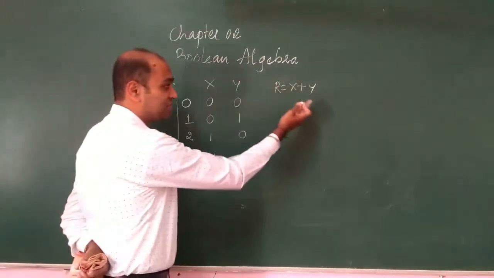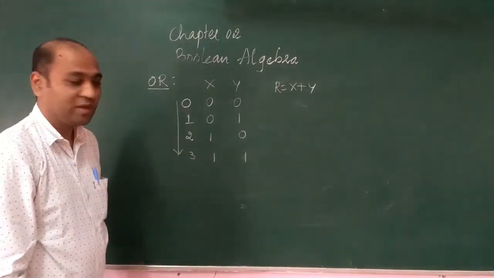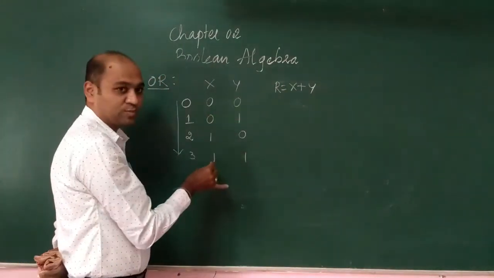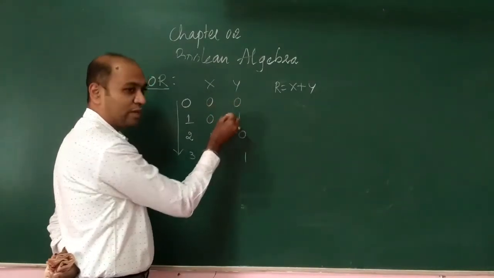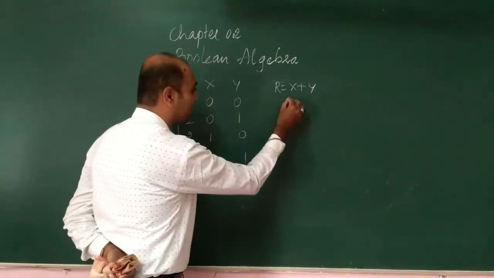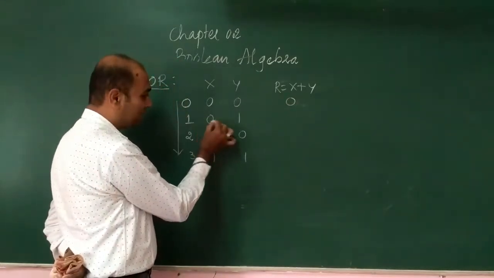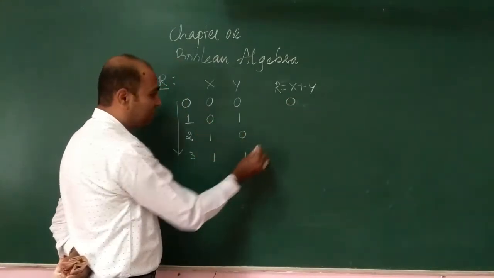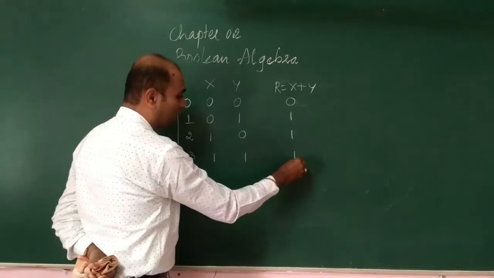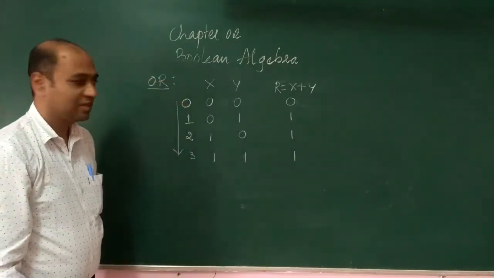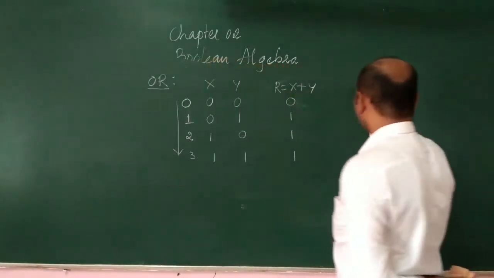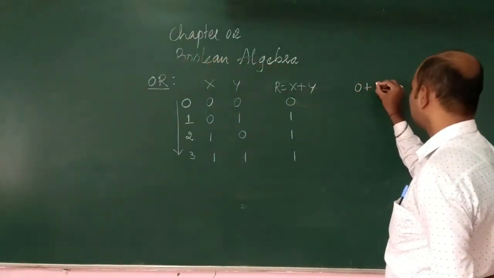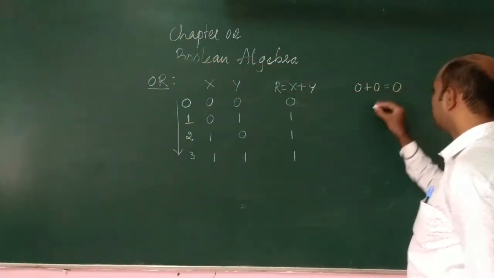Then what is the result of this OR? If both of the values of these two variables are 0, then the result is 0. And the remaining values of the variables will be set to 1 only. Okay? Yes. Let us write the same: 0 plus 0 gives me 0.